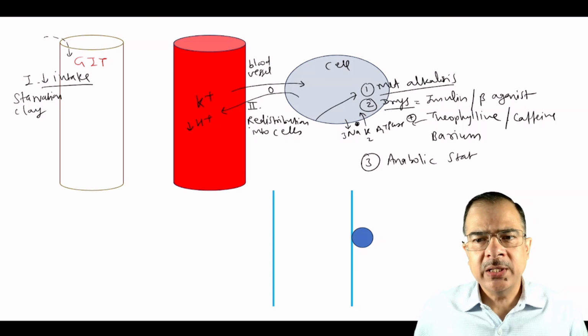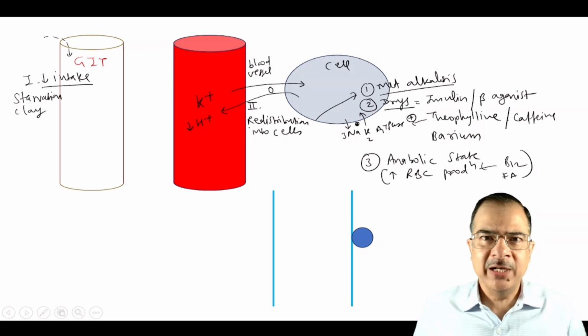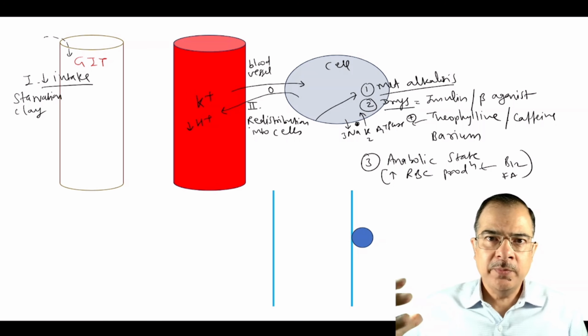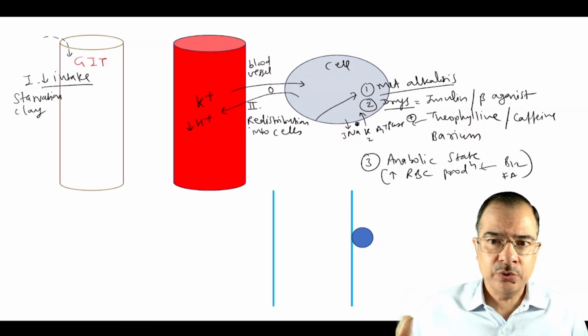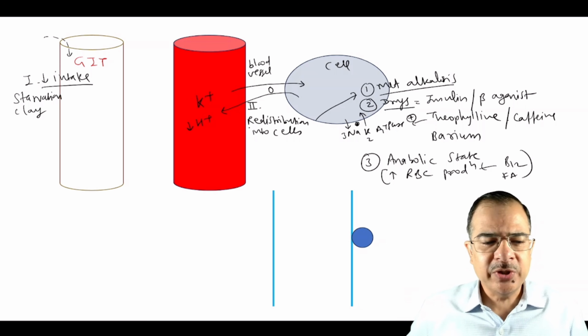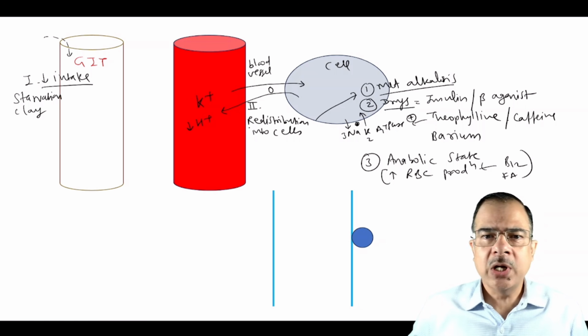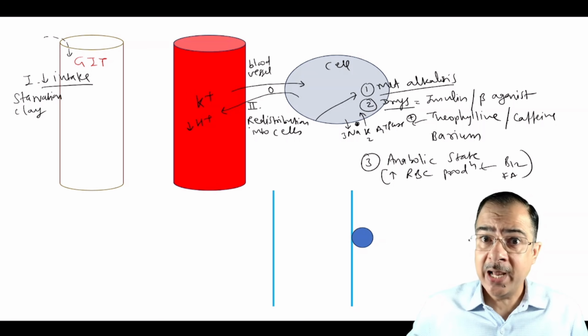Anabolic state means, for example, increased RBC production, say when we have given B12 or folic acid in B12 and folic acid deficiency. So RBC production increases. RBCs will take up more potassium, as potassium is intracellular, and that can lead to hypokalemia. The patient can even die.